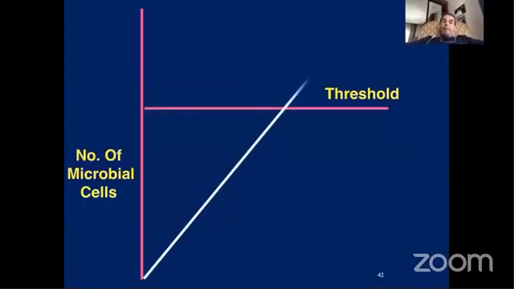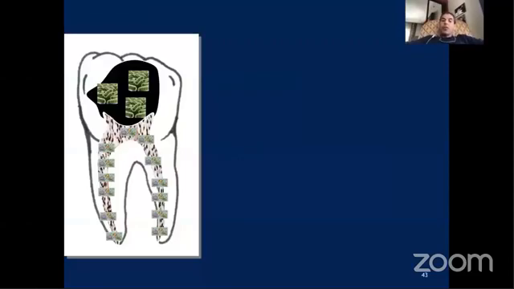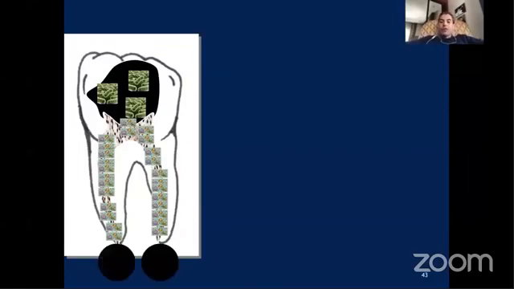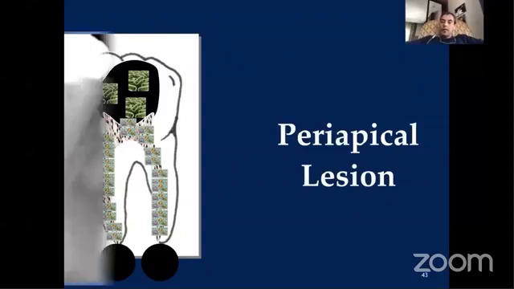Now, when the number of microbial cells exceed the threshold, what will happen? Periapical lesion will occur. Because of this, when the number increases due to more nutrition, different conditions of oxygen, those microbes will increase in number, and because of this, periapical lesion will appear.